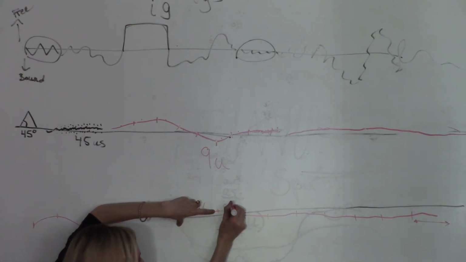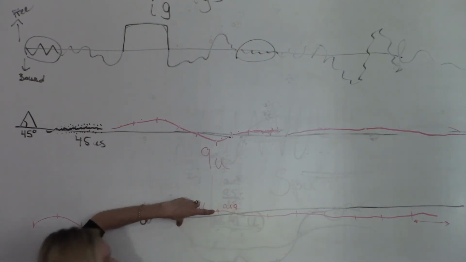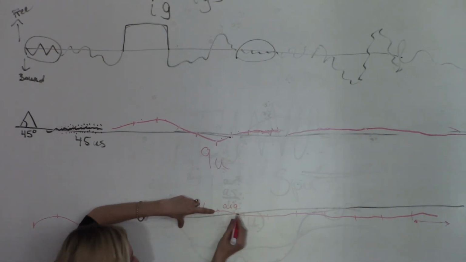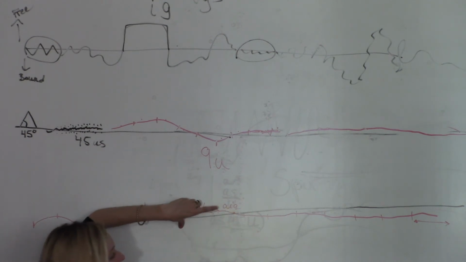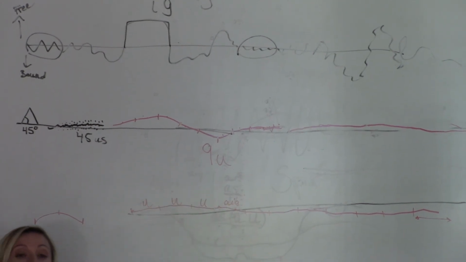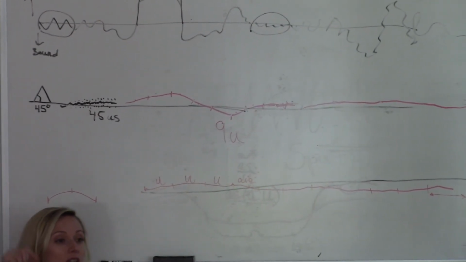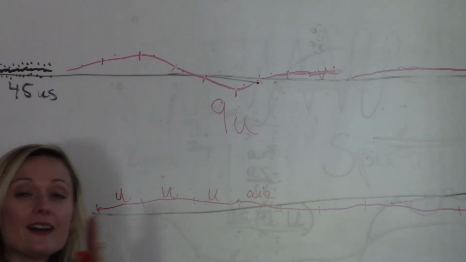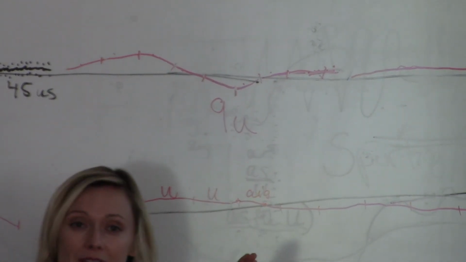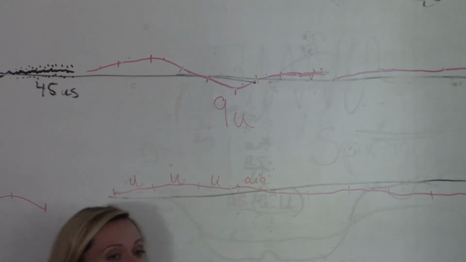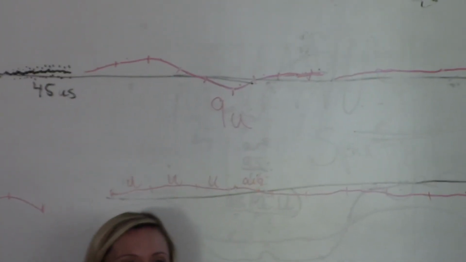So I'm going to add an IG, and say that from this teeny tiny moment, from here to here, is an AIG. So what happens is, you're going from rhythm to rhythm to rhythm. You might have a lot of mixed rhythms, one right after the other, which is why I say we're documenting change.